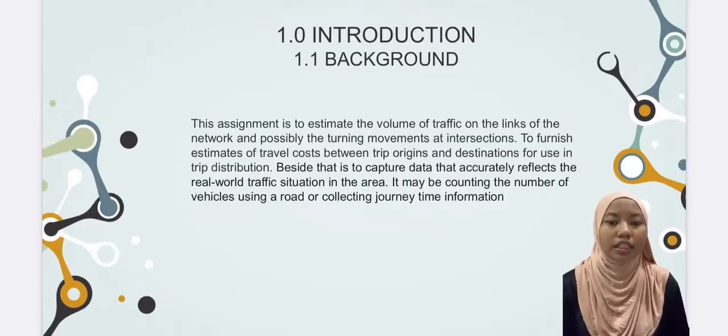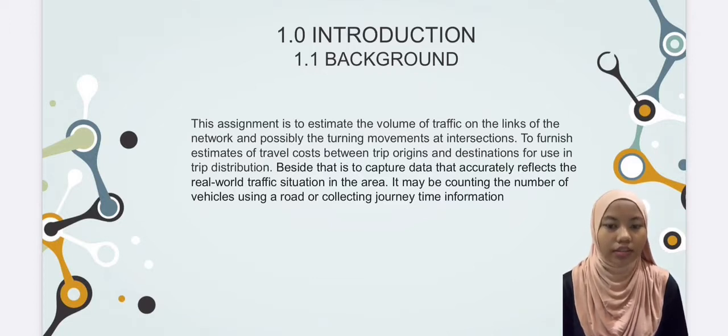In this presentation, I will explain about the introduction. First, about the background. This assignment is to estimate the volume of traffic on the link of the network and the possibility of the turning movement at the intersection.